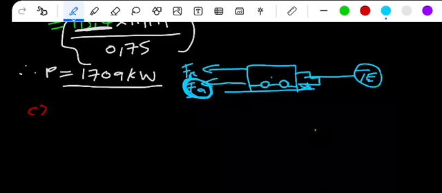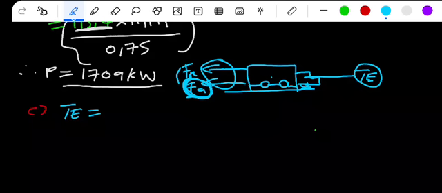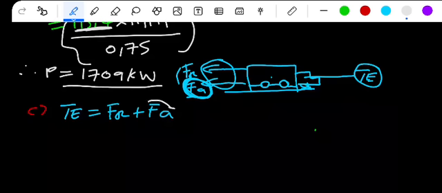Check the vectors: FR and FA point in the same direction, so you add them. TE will be equal to FR plus FA.